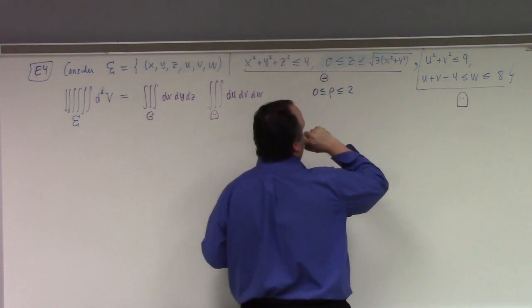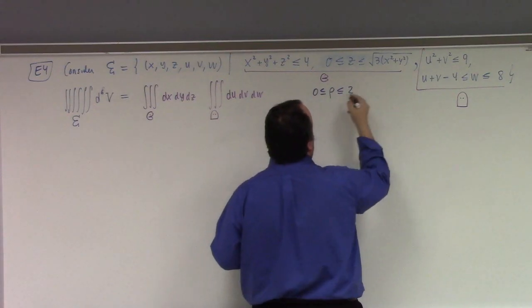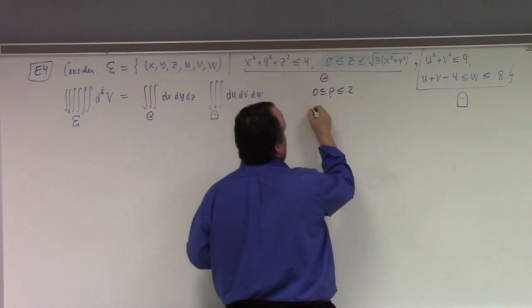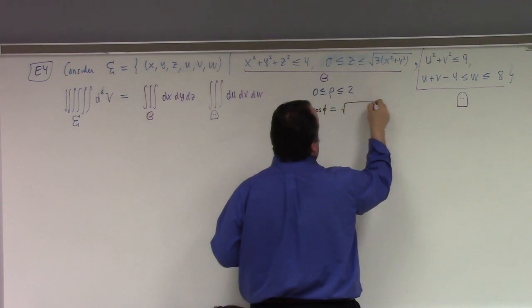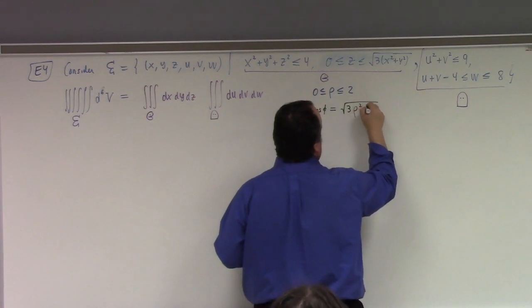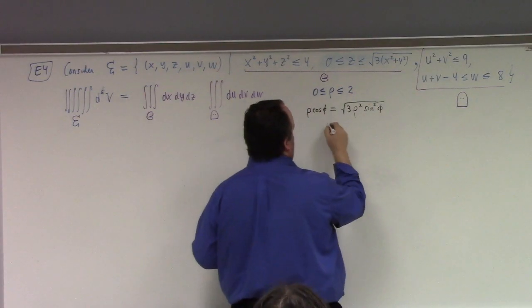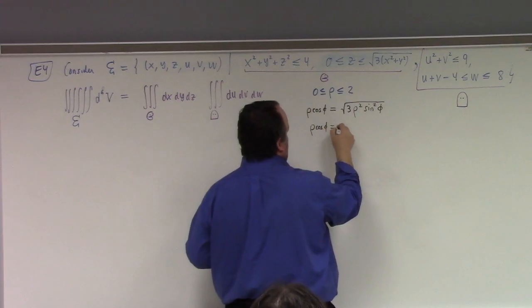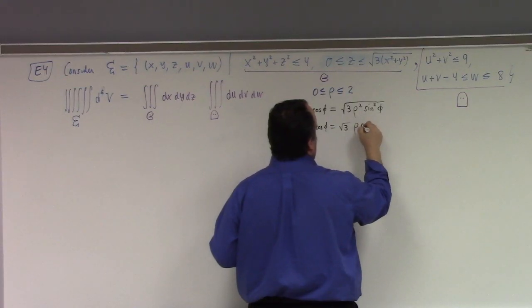Let me write it out. What do we got? We got rho cosine phi is equal to the square root of 3 times x squared plus y squared, which in spherical coordinates is rho squared sine squared phi. Thanks for that. You guys told me about the square just a second ago, right? So that's actually rho cosine phi is root 3 rho sine phi. All right, great.